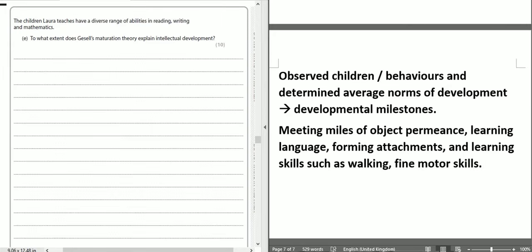So Gesell's theory does have some connection to the milestones. We observe children, we see have they ticked off these milestones.